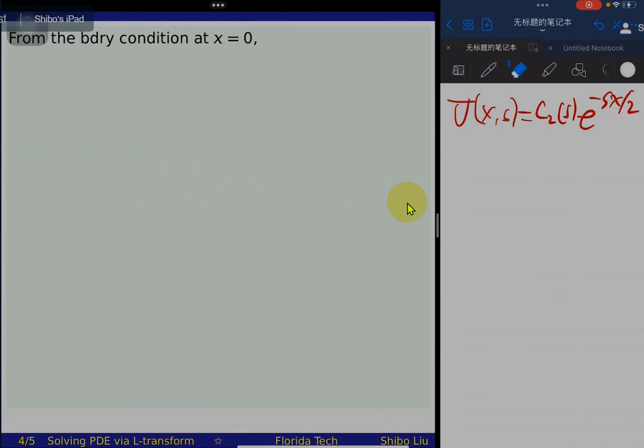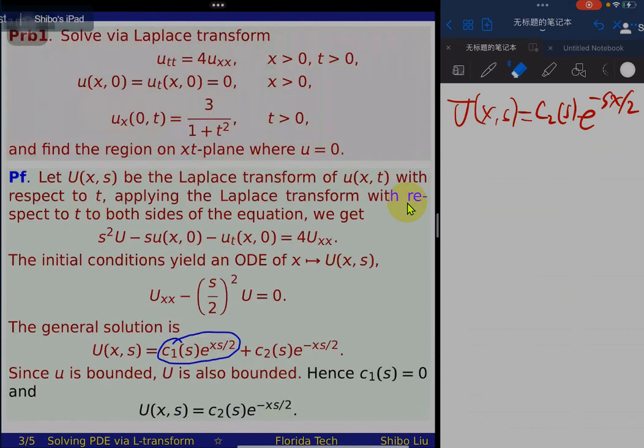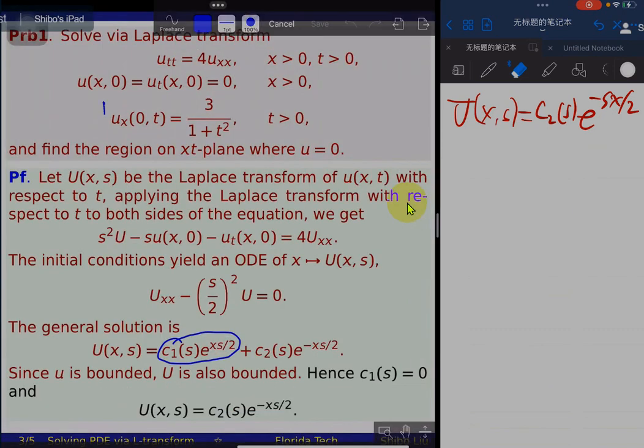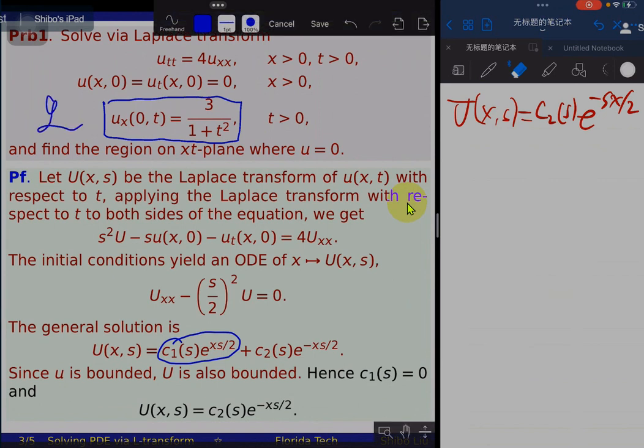Now we consider the boundary condition. Our boundary condition at x equal to 0 is this boundary condition. We apply the Laplace transform to both sides of this boundary condition.